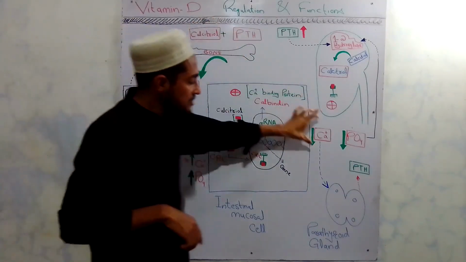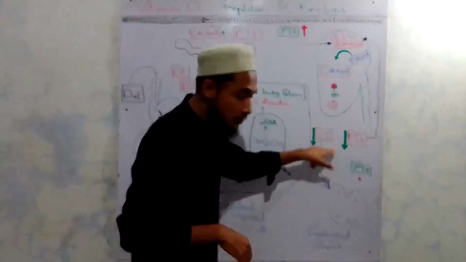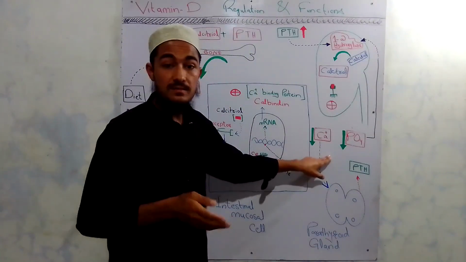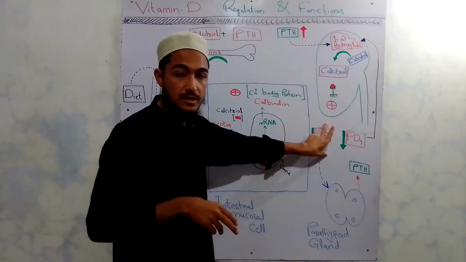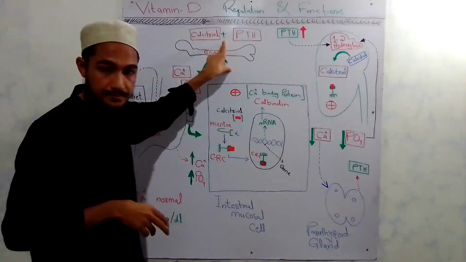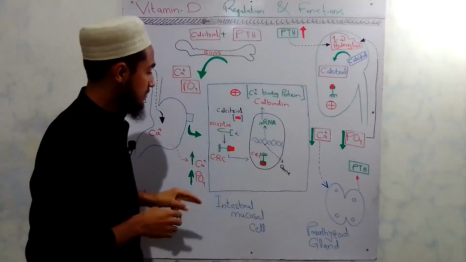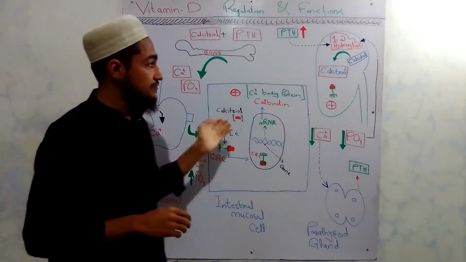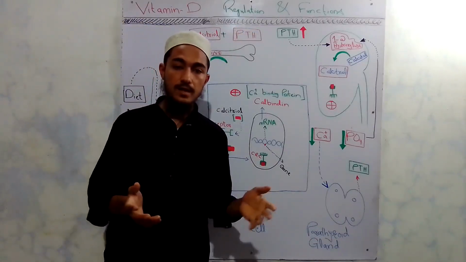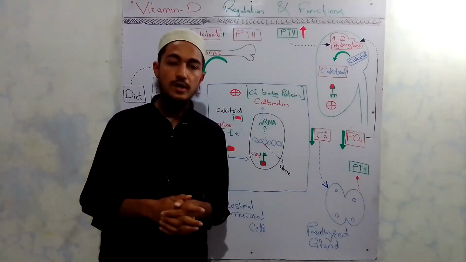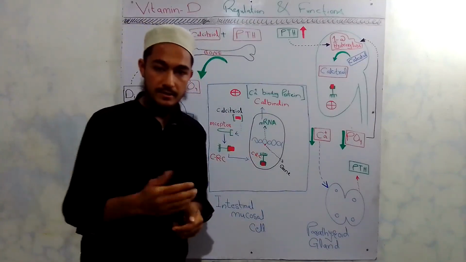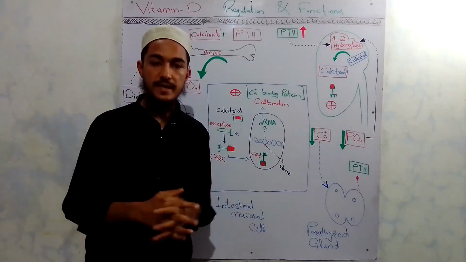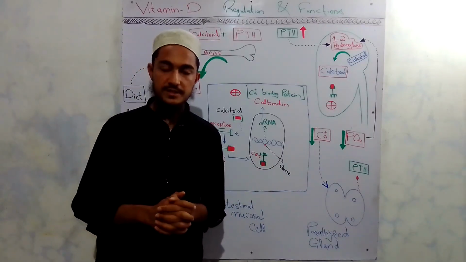But when the calcium and phosphate levels are lower in the blood plasma than the normal level, then they will help in the mobilization of calcium from the bone. And so that was about the regulation and biological functions of vitamin D. After this we will study how much normal quantity of vitamin D is recommended on a daily basis, and what are the effects of the deficiency and hypervitaminosis of vitamin D.